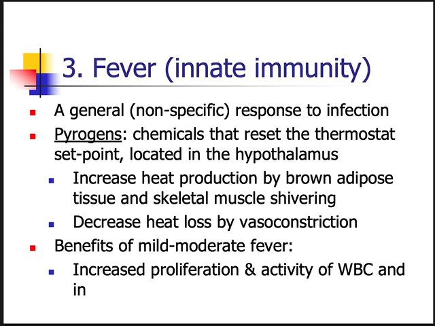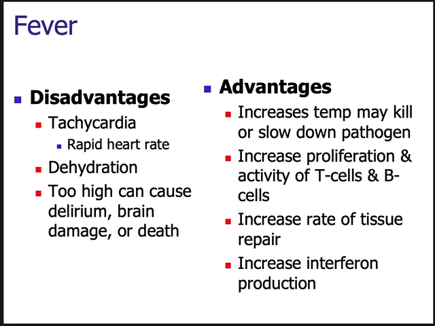Benefits of a mild to moderate fever: you get increased proliferation of your T cells, particularly T cells and B cells, to be able to make antibodies. But all of your immune system will be stimulated to be more active. Okay. Now, here's a better layout.